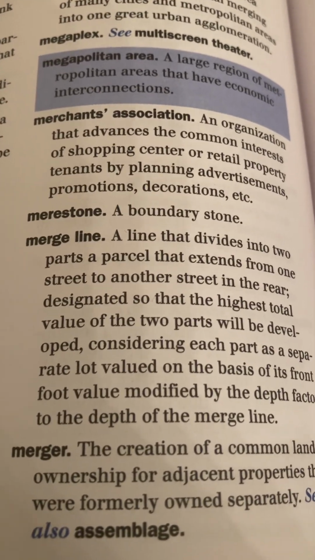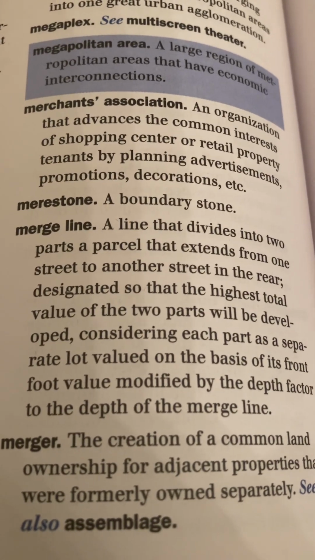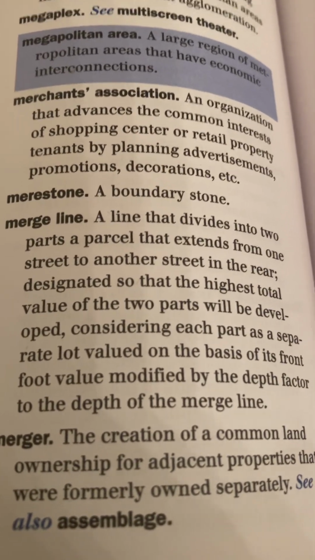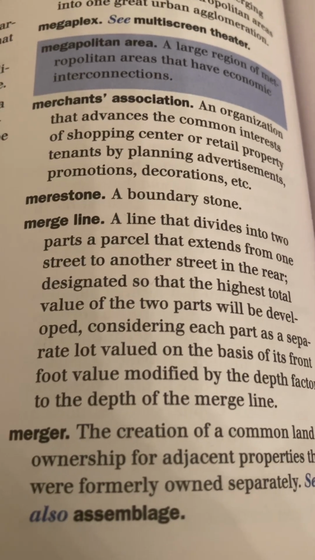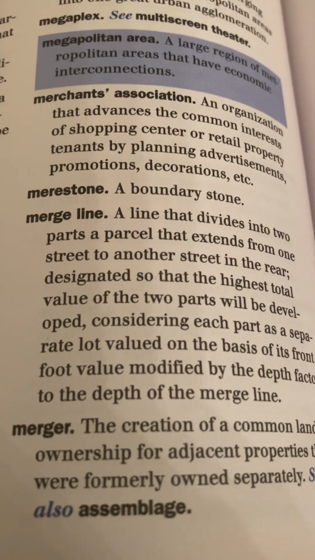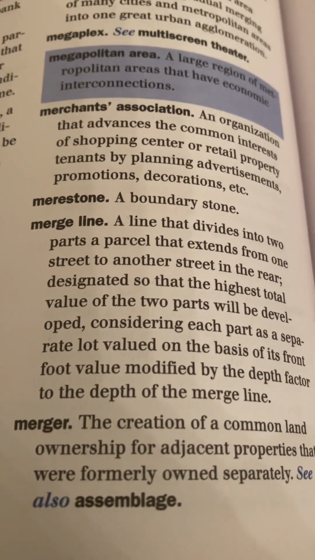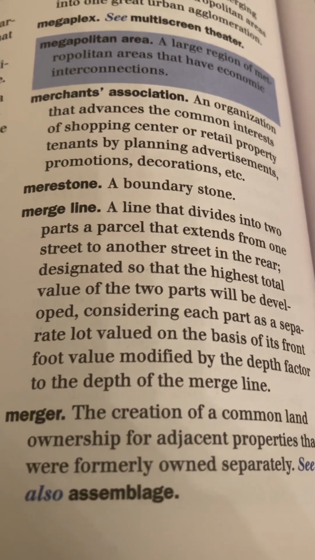Merge line, a line that divides into two parts a parcel that extends from one street to another street in the rear, designated so that the highest total value of the two parts will be developed.